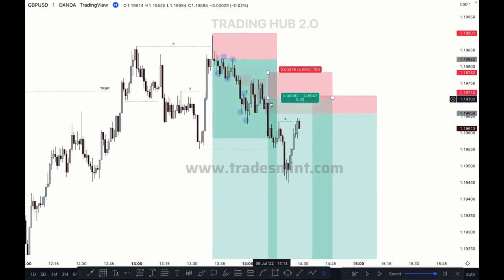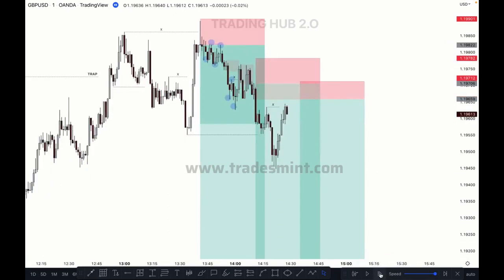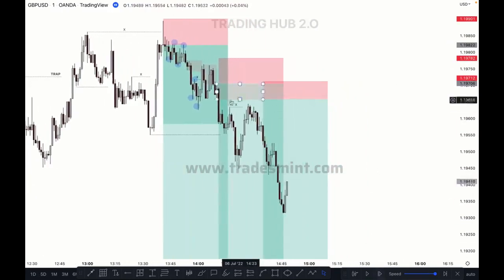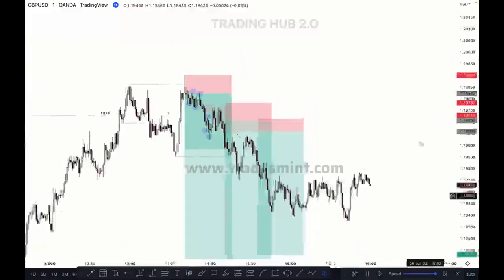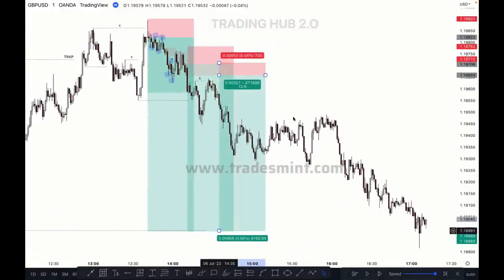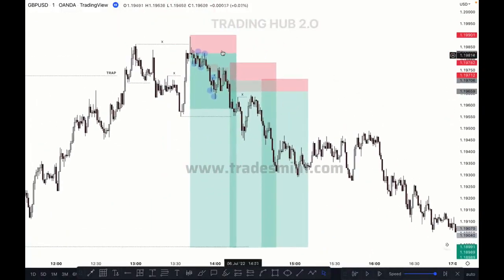Why am I selling here? Because above this there is no unmitigated order block. Okay, price already mitigated this inducement, and this is our engineering liquidity, you can say, because above this there is nothing unmitigated. Okay, so let's see what happened next. Alright, as you can see here, the market did not tap here, and this is a candle sweep.